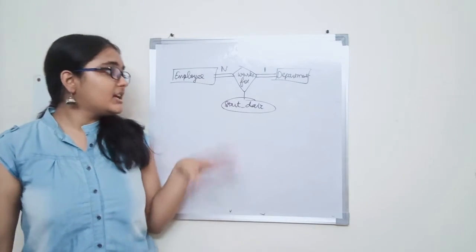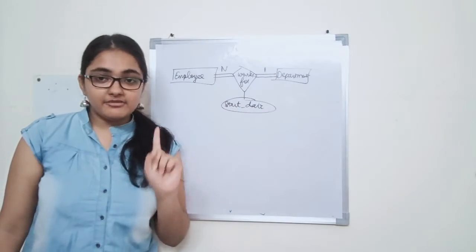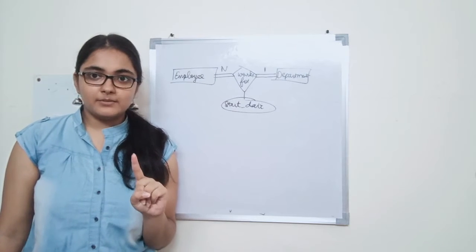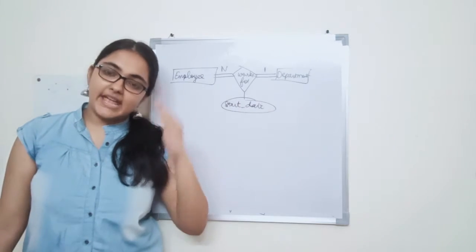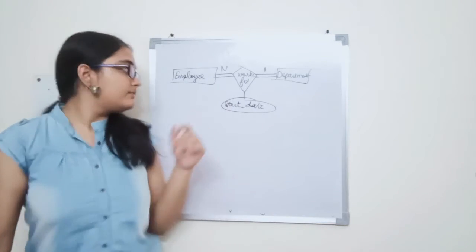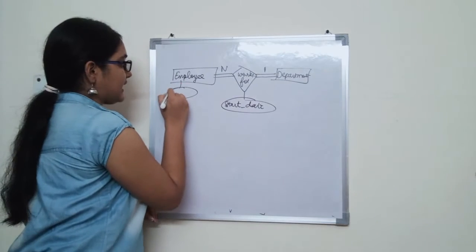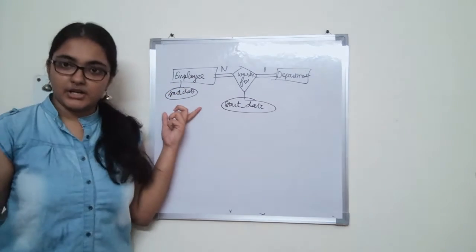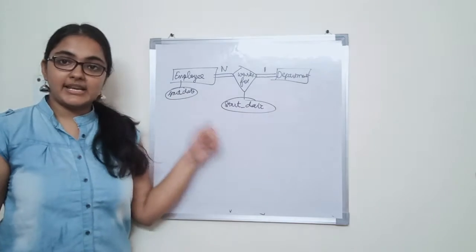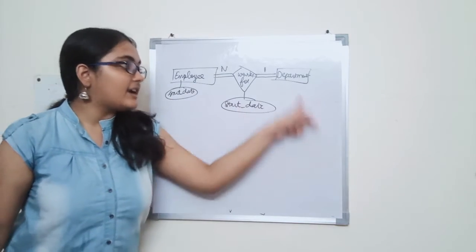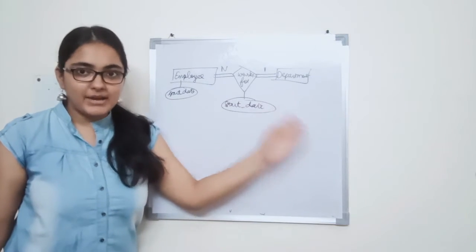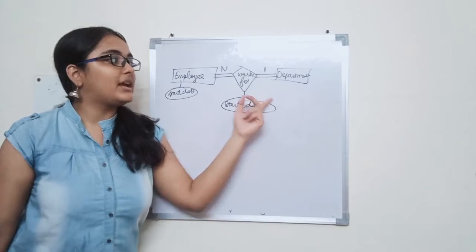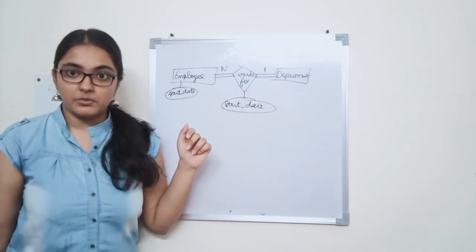Why? Okay, so an employee can work for at most one department. So for every employee we can just maintain the start date like this, when he has started working for that particular department. On the contrary, if we migrate start date to this, and a department can have many employees, so this will become a multi-valued attribute.